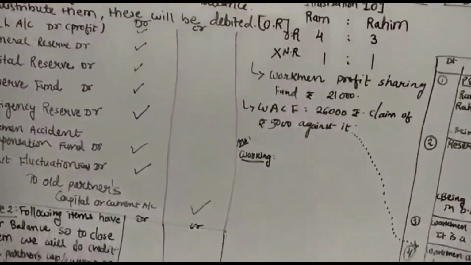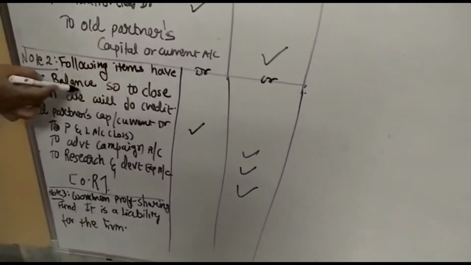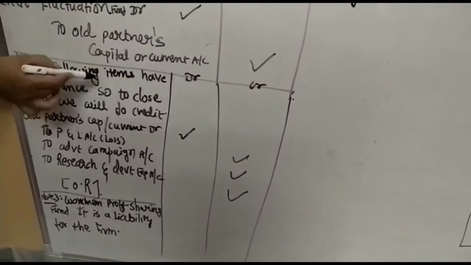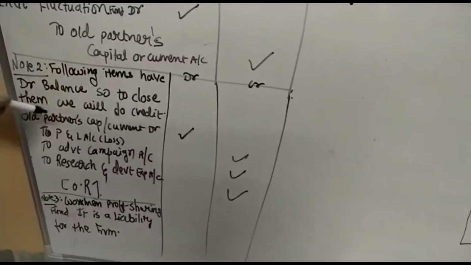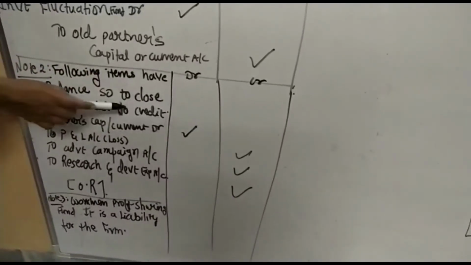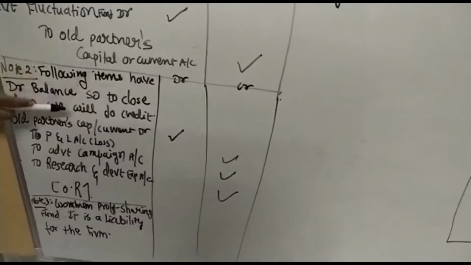Now let's talk about note number 2. The following items have the debit balance because they show the loss or deferred revenue expenses. To close them, again I have to credit them and they would be distributed among the old partners' capital account.